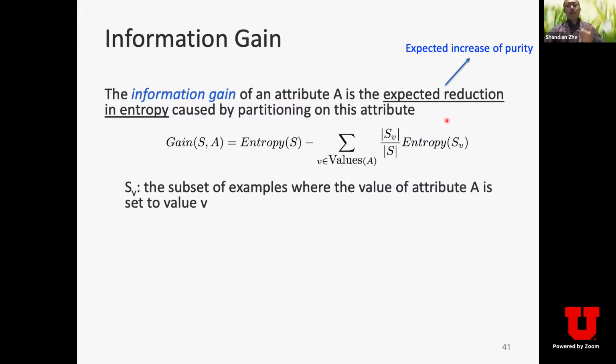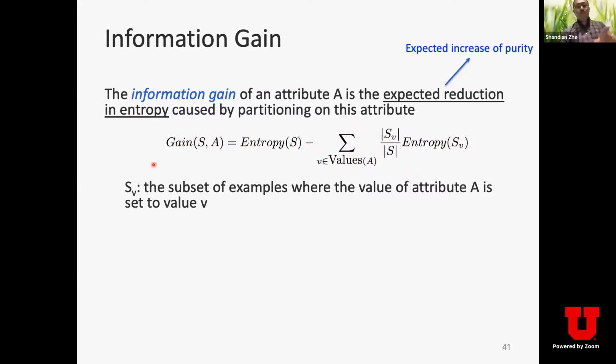We can compute the entropy of each S_v. Now we reweight this entropy according to the size of S_v, and we take a weighted average as our expected entropy after using A to split on S. Then we subtract this expected entropy from the entropy of S, and we get our information gain.